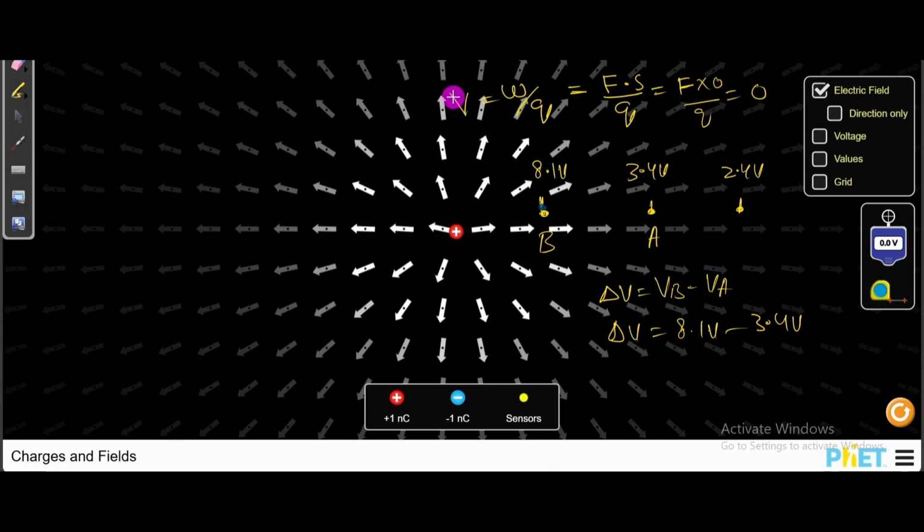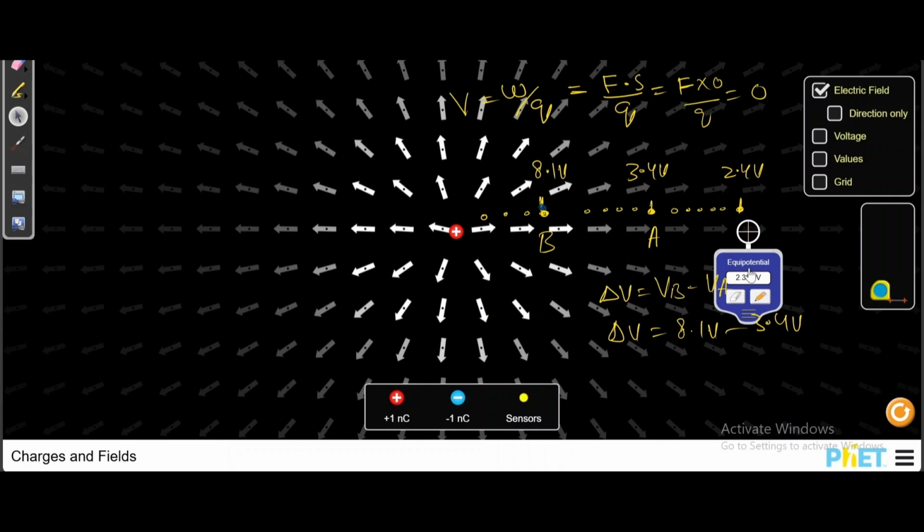So according to the definition of voltage, the voltage must be 0 at every point here. But if the definition says that the voltage is 0, then how does this potentiometer show a reading?